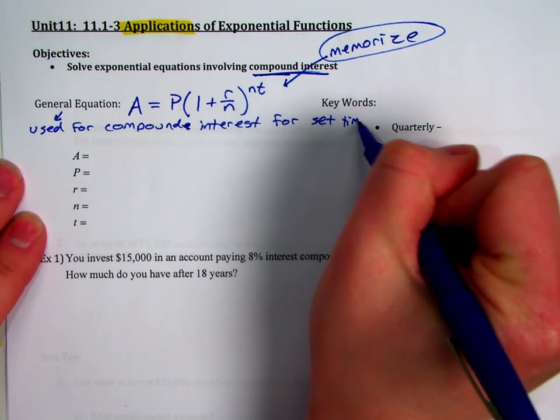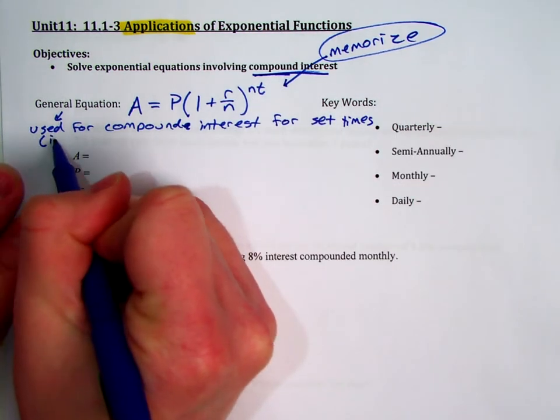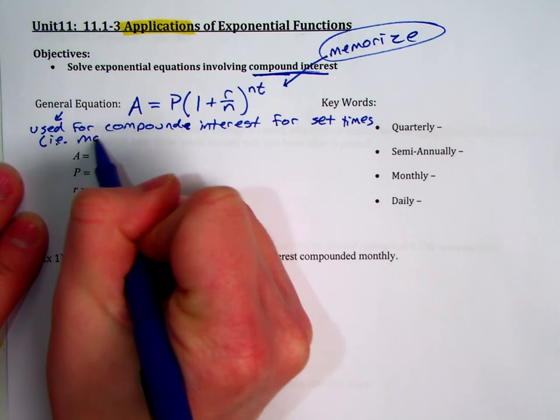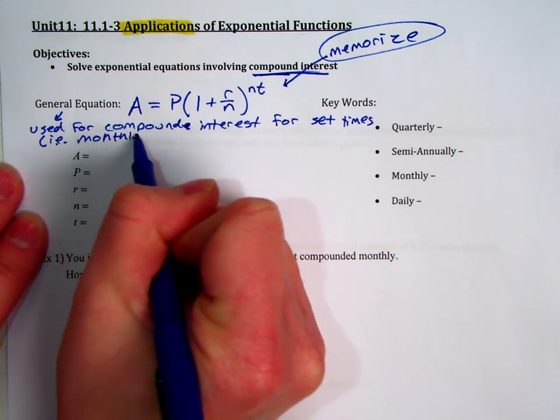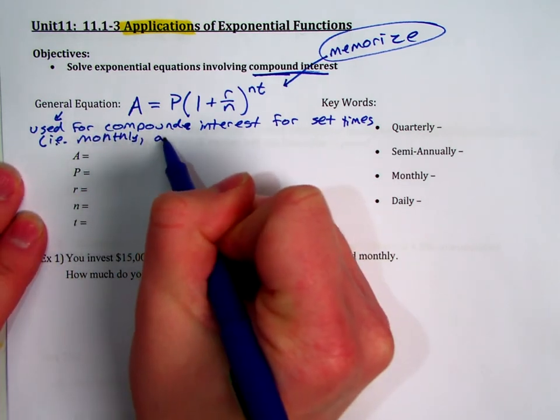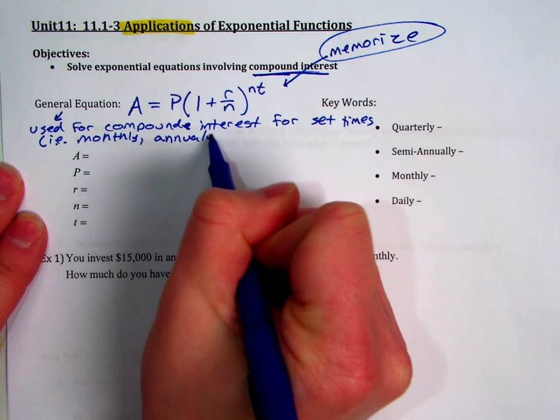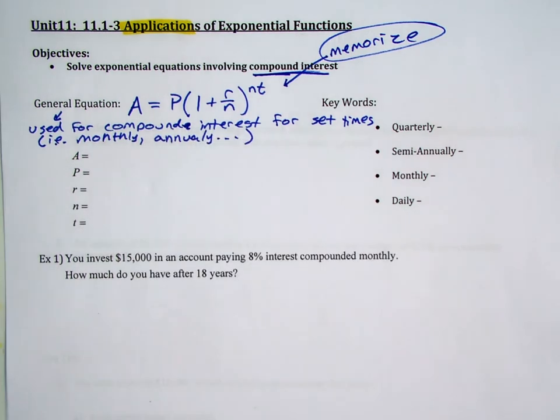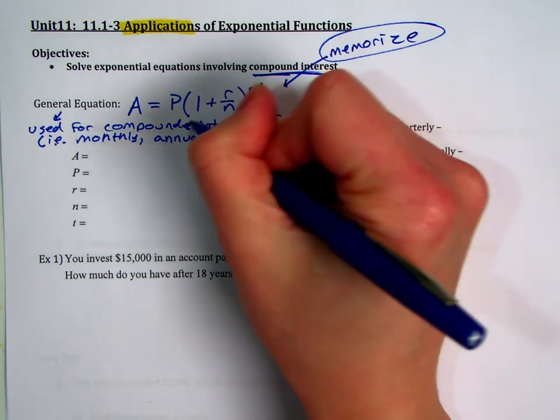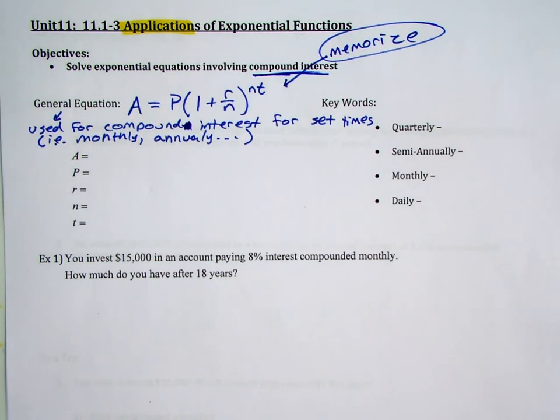What I mean by that is, if we say that it's compounded monthly or annually or semi-annually or anything like that, if I tell you how it's compounded and it's based on a set amount of time, like once a month, twice a month, 3 times a year, 4 times a week, whatever, then we're going to be using this compound interest formula because it's a set amount of time.